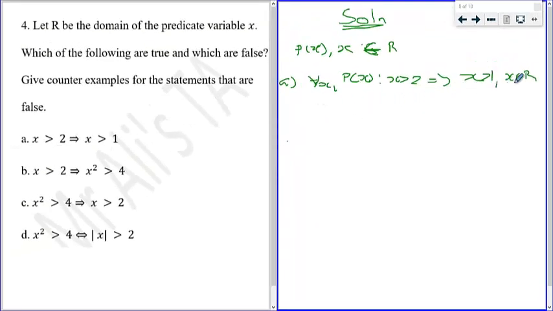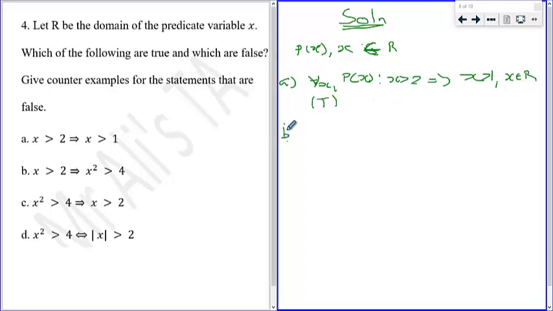Now if this is true, then we cannot find a counterexample. So we know that for all real numbers, if any real number is greater than 2, that number is automatically greater than 1. So this universal quantification is always true.